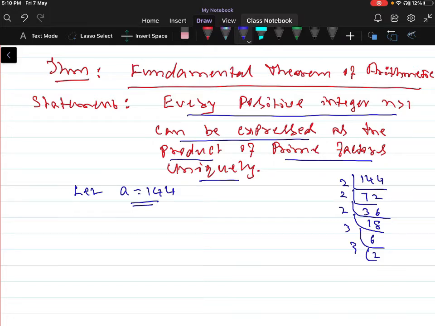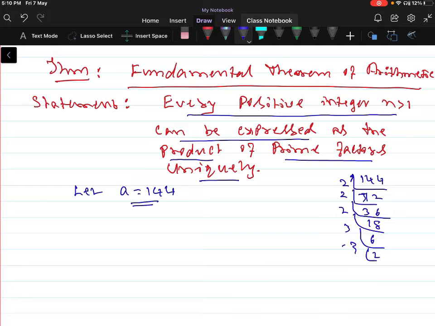We can divide this number by 2. 2 sevens are 14, and the remaining 4, 2 twos are 4. Again, you can divide by 2. 2 threes are 6, and 2 sixes are 12, and then again divide by 2. 2 eights are 16. We can divide by 3. 3 sixes are 18, and again we can divide by 3.